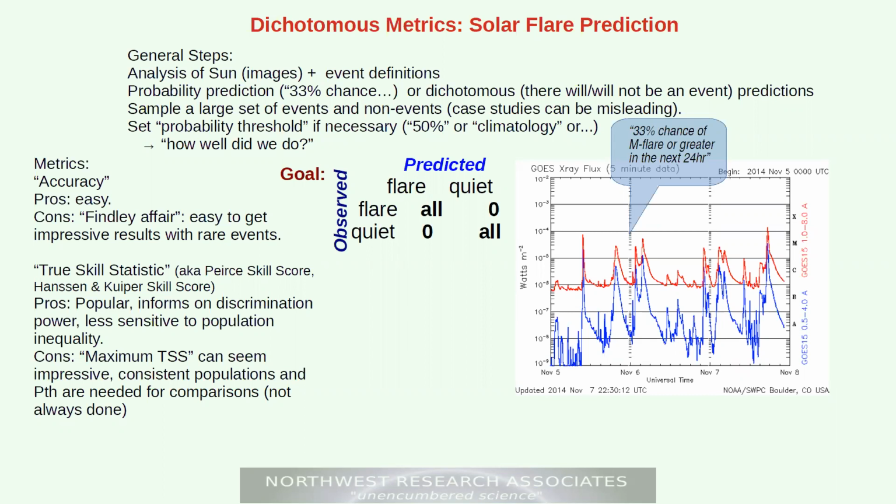There's something called a probability threshold, which is what's the probability that something's going to happen? 50% would be a default: if it's over 50%, I'll forecast a yes. How you set that threshold impacts this score that is very popular.